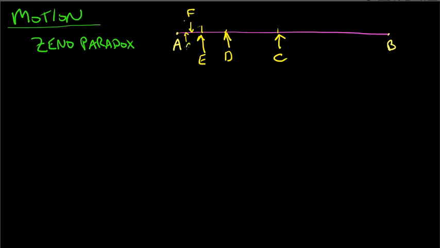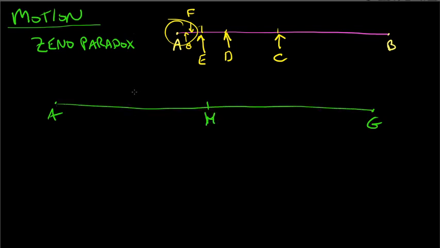There's always going to be a point halfway between any 2 points. If I blow this up and say this is point A and point G is way over here, there's still going to be a point halfway in between, say point H. But to get to point H, there's going to be a halfway point there as well. So how many of these halfway points are there?